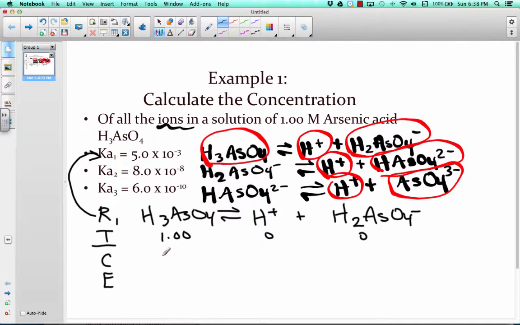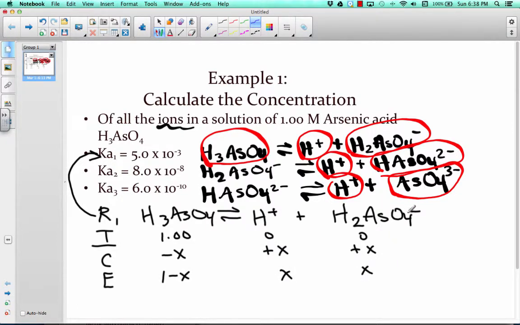The change is that I will lose some of my arsenic acid, and as I lose those, I also form hydrogen ions and dihydrogen arsenate ions. So I get 1 - X, X, and X.